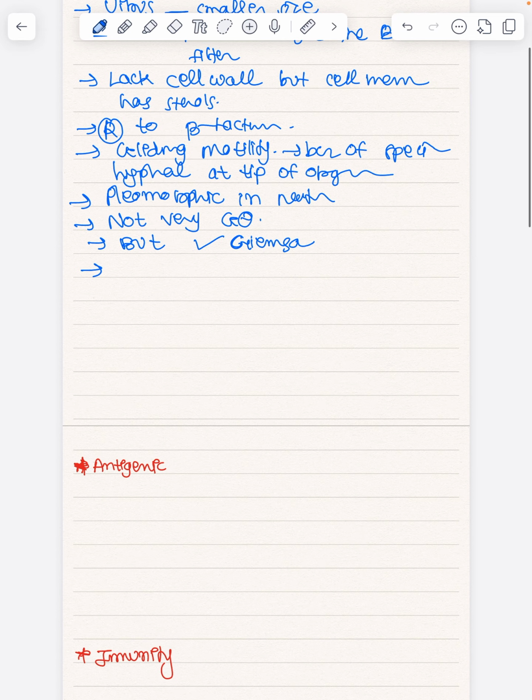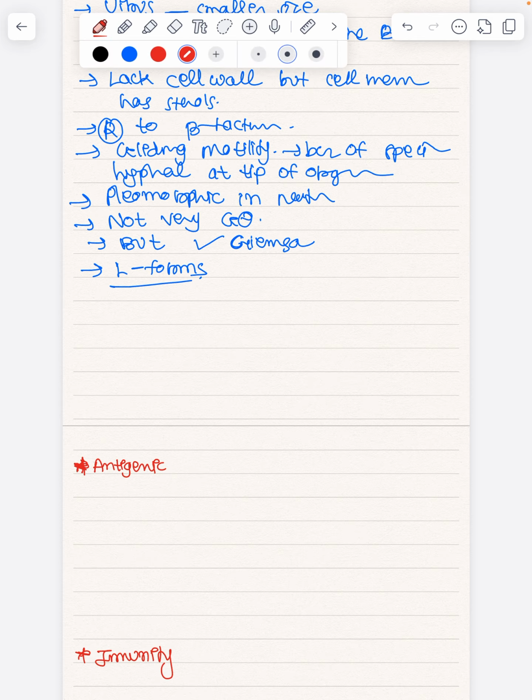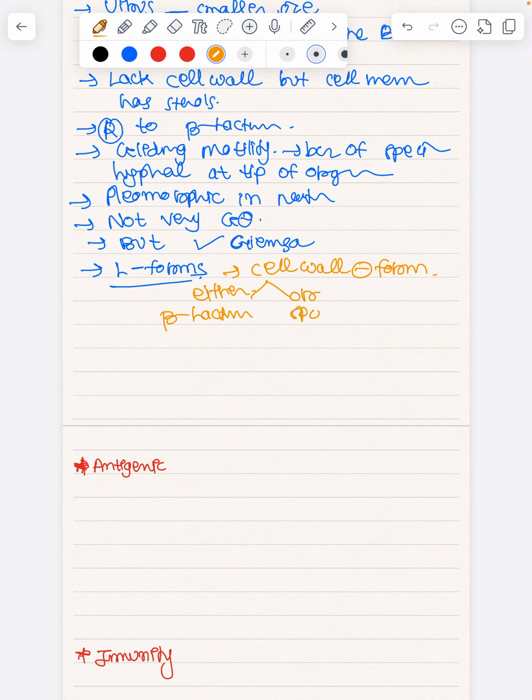Then Mycoplasma pneumoniae and L forms. L forms are particularly important. L forms are the cell wall deficient forms, either because of beta-lactam antibiotics, or they lose their cell wall spontaneously.